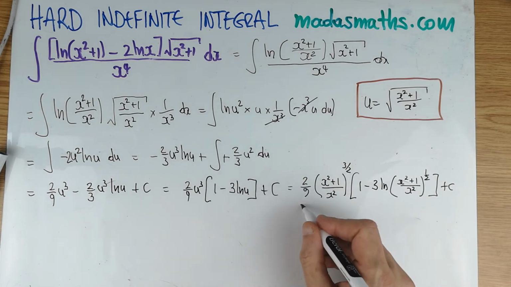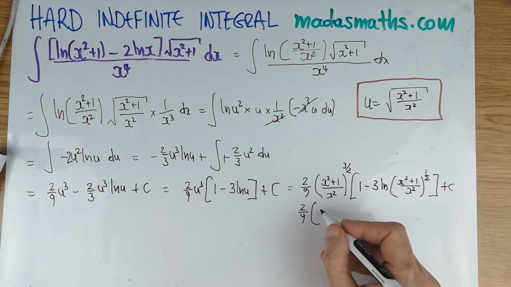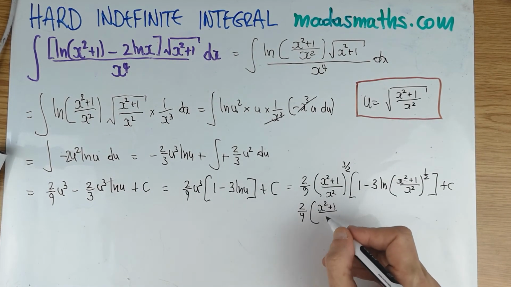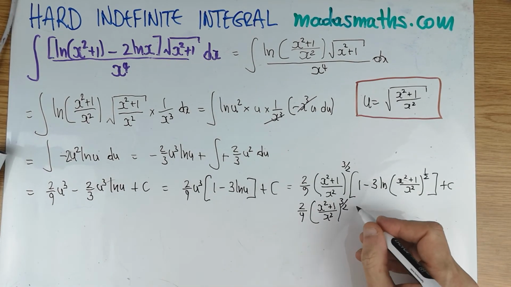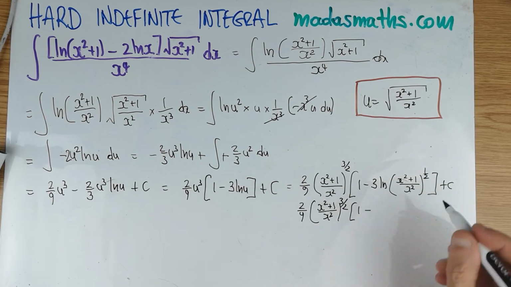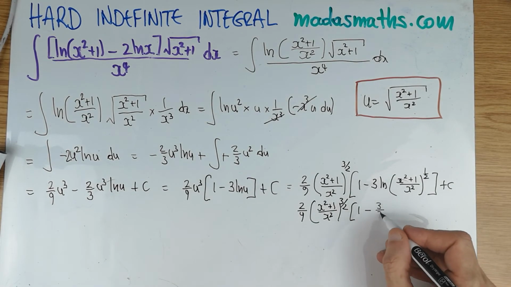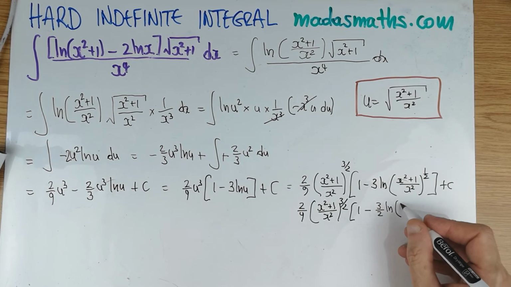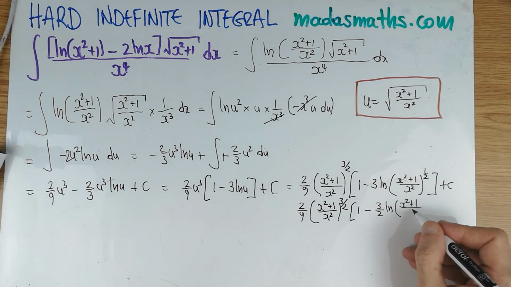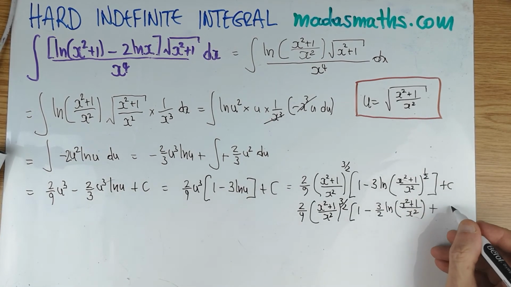And we can write this as x squared plus 1 over x squared to the 3 over 2, and write maybe this half at the front as minus 3 times the log of x squared plus 1 over x squared, plus c.